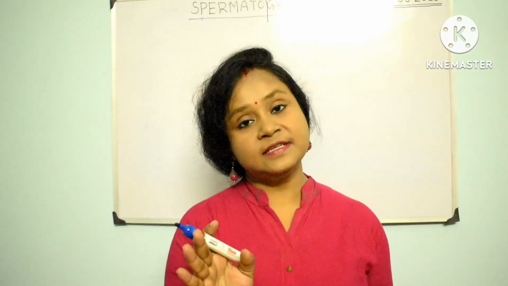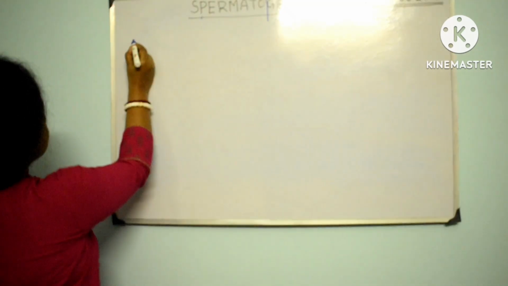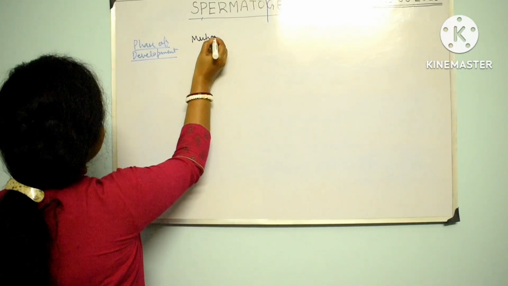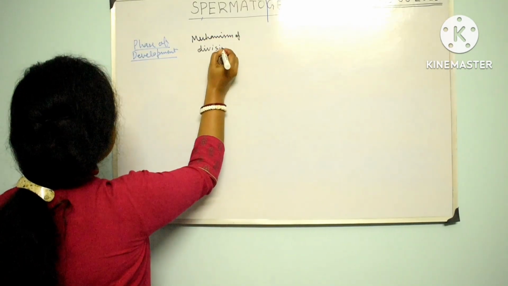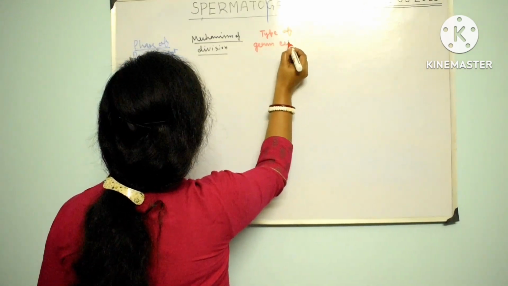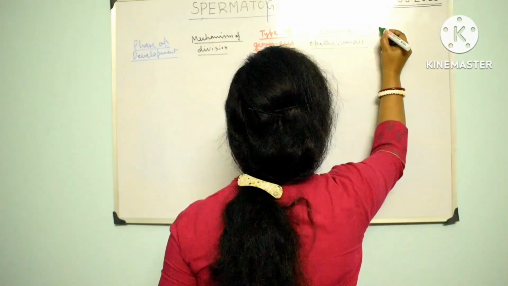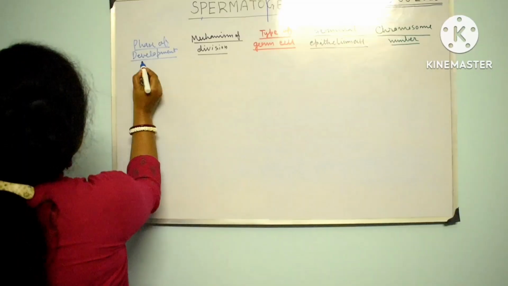What is the seminiferous tubule? I have already discussed it in this lecture. Now the phase of development, mechanism of division, type of germ cell, germinal epithelium cell, and chromosome number.